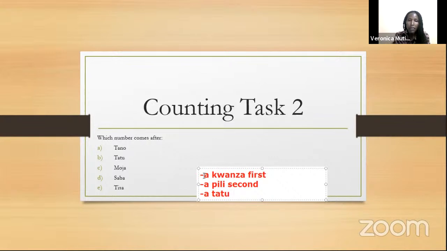But for purposes of this class, we are going to use what is called the A of association. This is what associates whatever you're counting with the order.